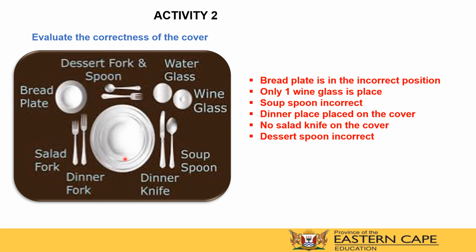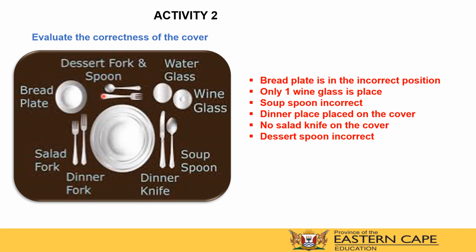And then you can also respond by saying there is no salad knife on the cover. As you can see here on the left hand side, there is a salad fork, so there should be a salad knife, which would have come after the main course knife, so that is not present. And then also the dessert spoon is incorrect.